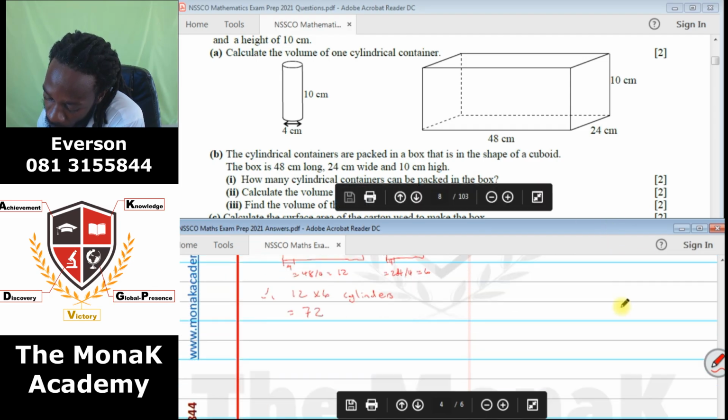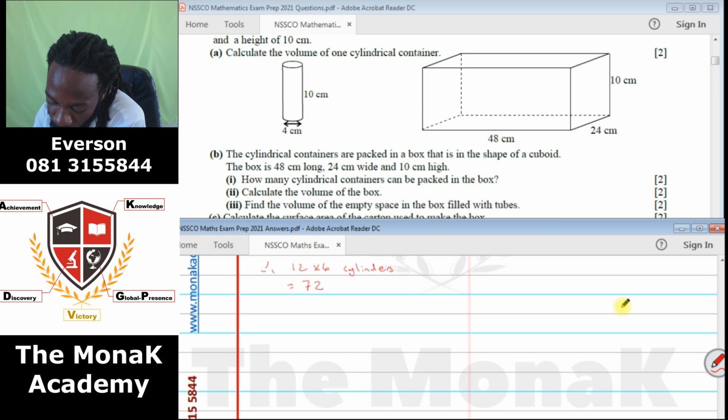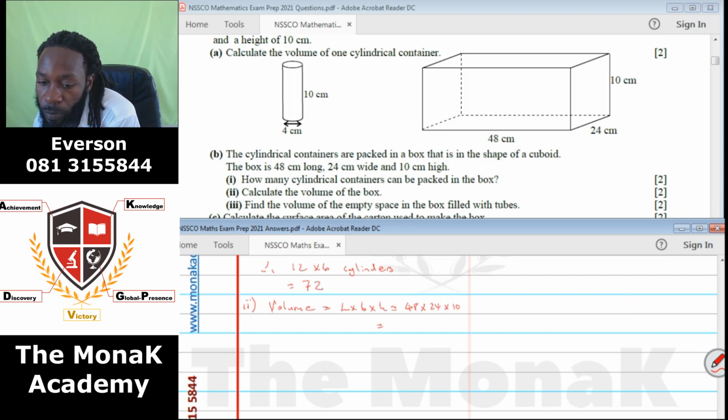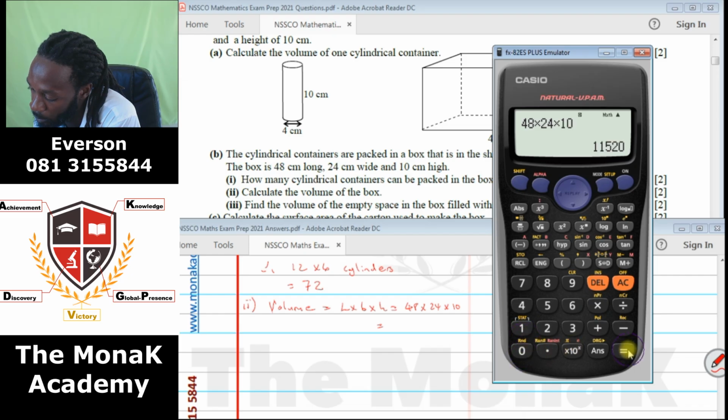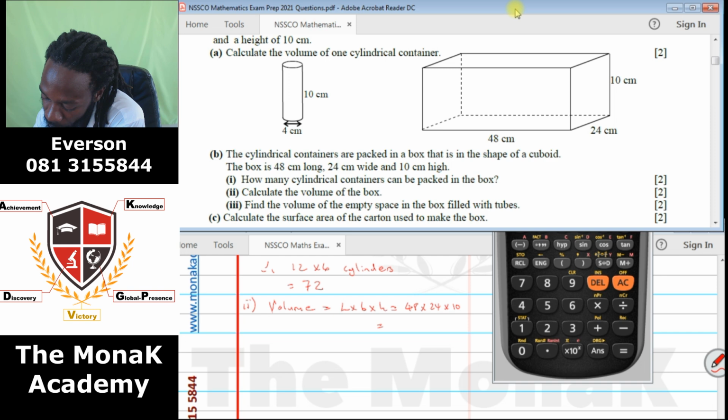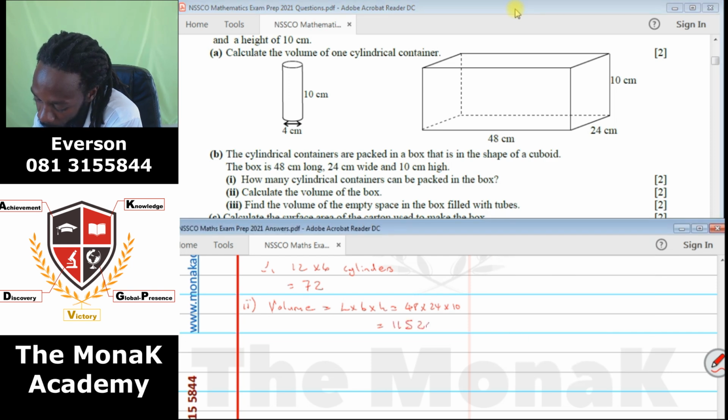Volume of a cuboid is length times breadth times height. 48 by 24 by 10, which is equal to 11,520, and it's cubic.